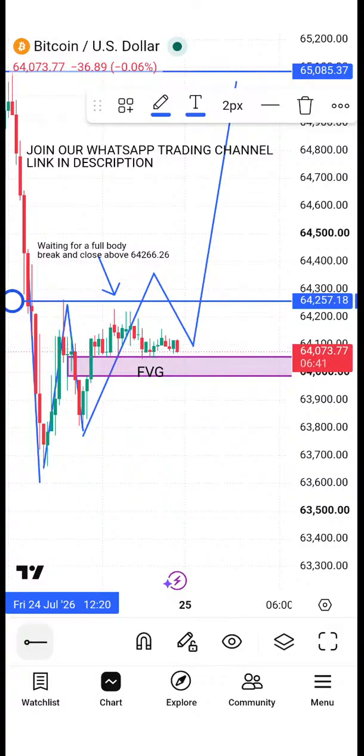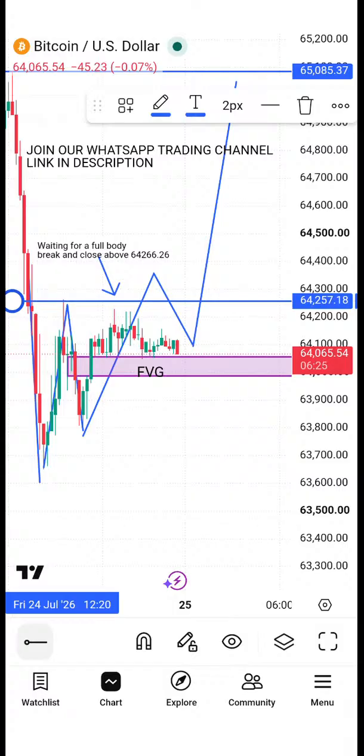As long as I don't see my confirmation strategy, I won't enter a trade. I won't.